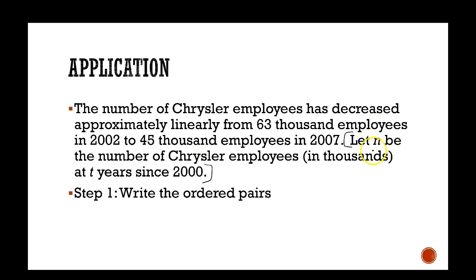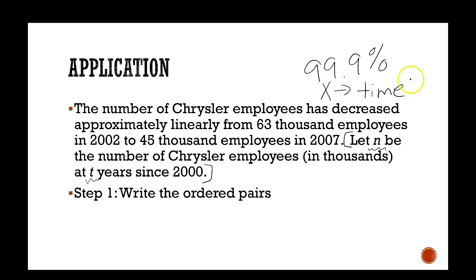Notice they didn't tell me x and y. They told me N and T. Let me give you a little pointer. 99.9% of the time, the x value of an ordered pair is always the time. No matter what they tell me, N, T, S, V, it doesn't matter.